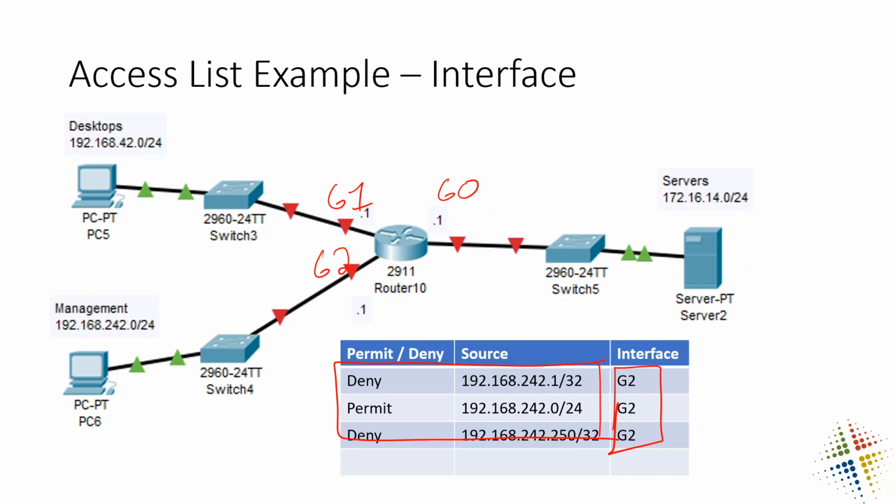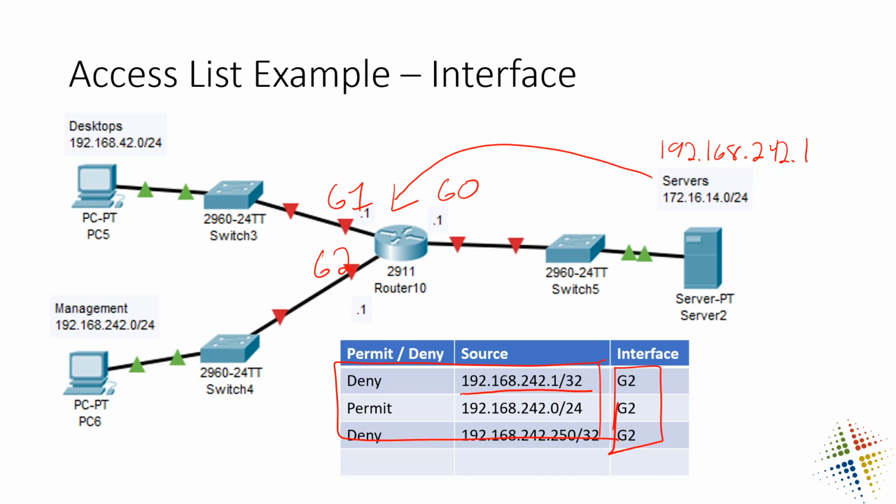So since I apply that rule to the interface, I may actually see traffic from 192.168.242.1, from possibly this address or this network. And that may come in to my router.